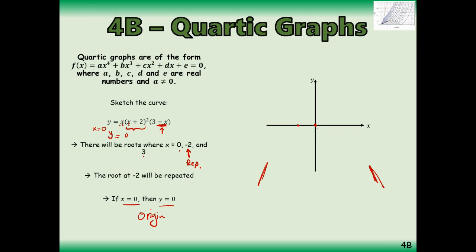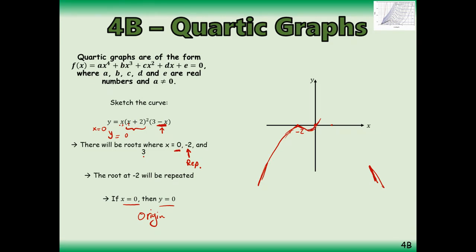At x equals minus 2, let's say this is minus 2, it will have to bounce off the x-axis. So it will come here and bounce off. There are no other roots below 0, so once it's bounced off, it will go through the origin, because that's one of its roots as well.